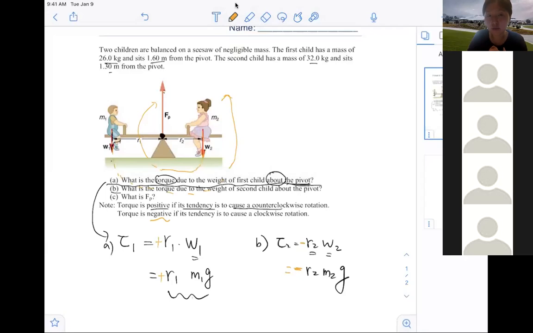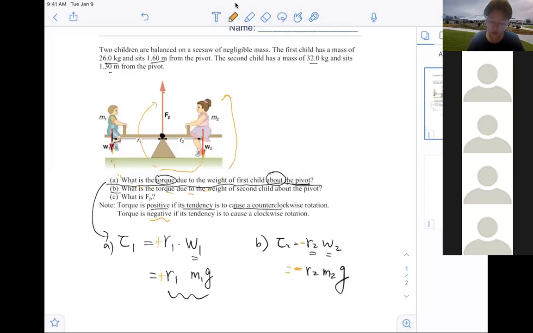Give yourself a shorter lever arm, reduce your R, so that R times the weight gives you the same torque as the child. The child has a smaller weight, so they sit further out and have a bigger lever arm. So now we can balance the torque.